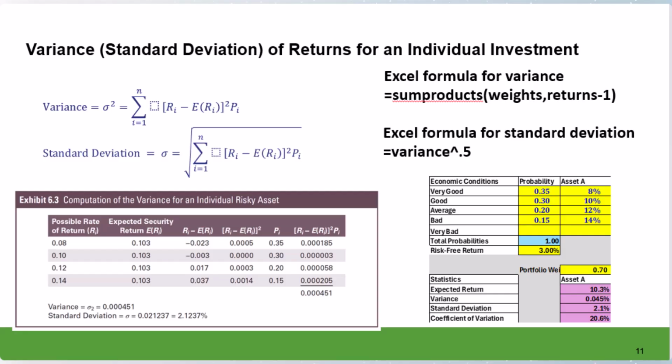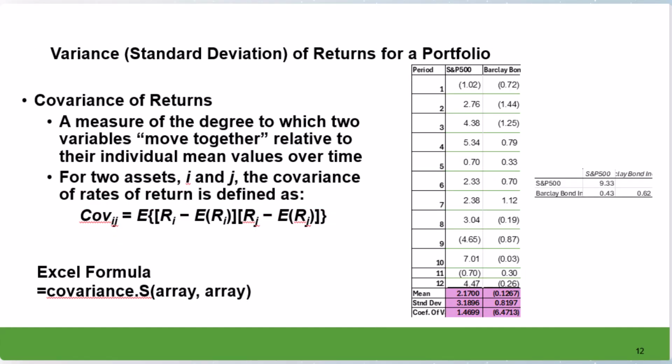So once assets are combined, again, correlations start to dominate the risk of outcomes. So the statistic we want to build on here first is covariance. Now, we don't really use covariance in any formulas or models. But covariance gets us to the next statistics.